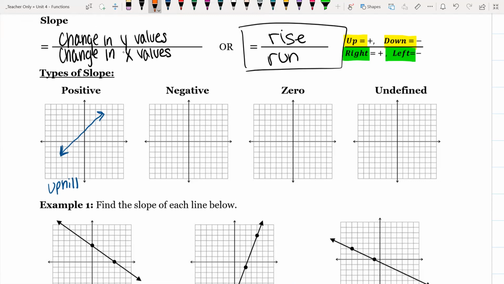Another way it would be called is increasing. So if the slope is going uphill, it's positive, and if it's positive, it's increasing. There's also a negative slope, which means we're coming back down the mountain, or we might call it downhill, or decreasing.